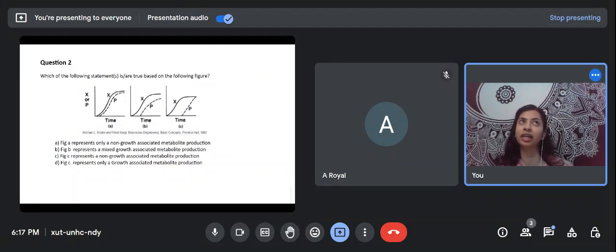Can you think of examples of why or where this might happen? Why would a metabolite be associated with the growth, or why would it be produced not associated with the growth? Do you think you have come across any of these things?